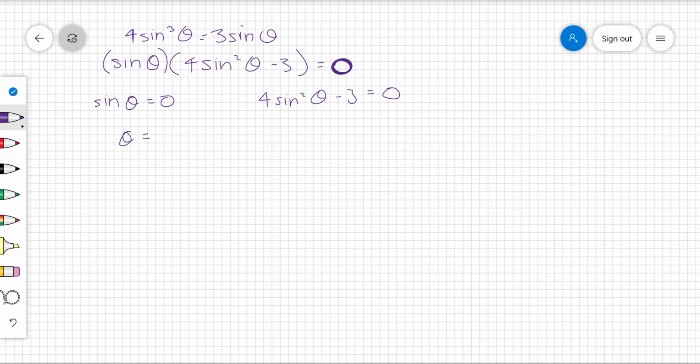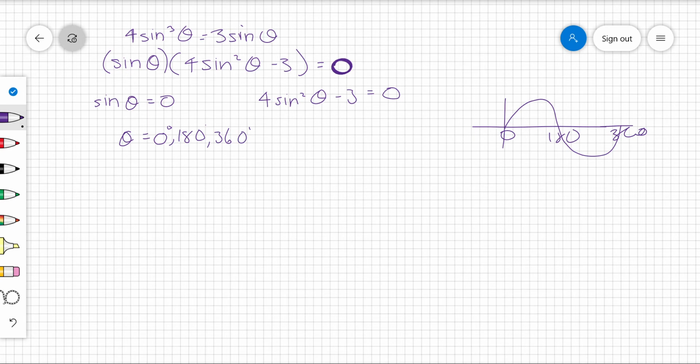Now, this is fairly easy. We know the sine graph. If you remember your sine graph between 0 and 360, it is 0 at 0, 180 and 360. So we already know the angle could be 0, 180, 360.